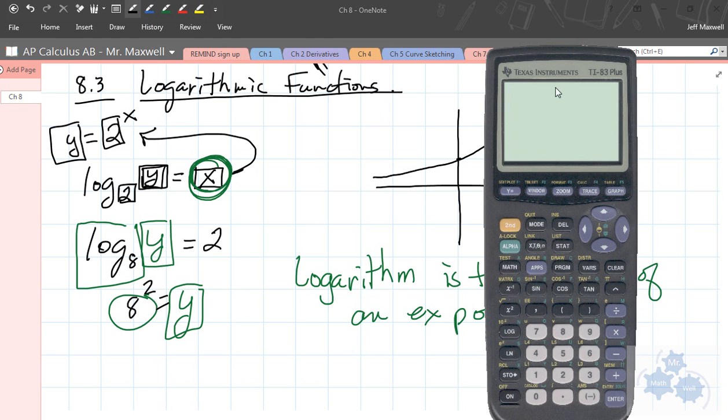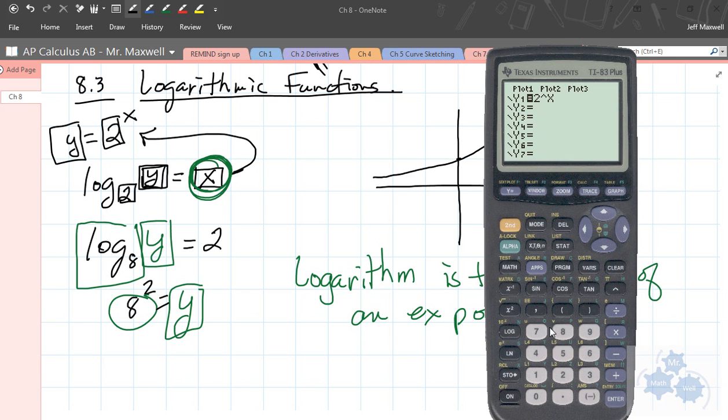Well, I'm just going to graph it here for you. I'll leave that one up there. Okay, so y equals 2 to the power of x. The inverse, or the related log function, would be what? How am I going to write that?